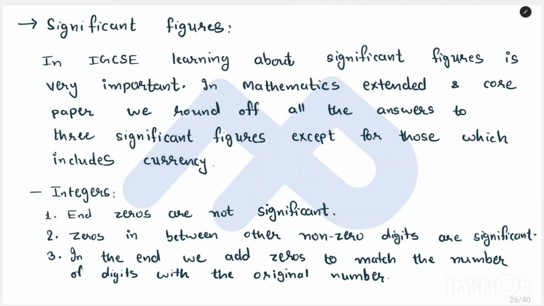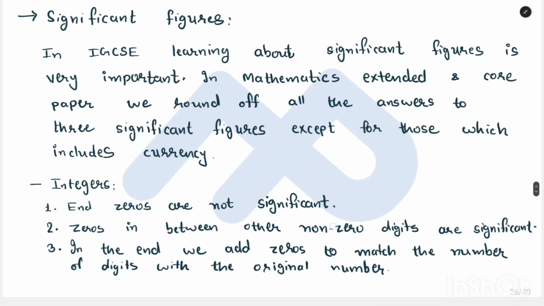So in integers, what do you do if you want to round off to the nearest 2 significant figures or 3 or 4 significant figures? First understand how many significant figures are there in the question. End zeros are not significant. In any integer, if end zeros are given, then they are not significant.